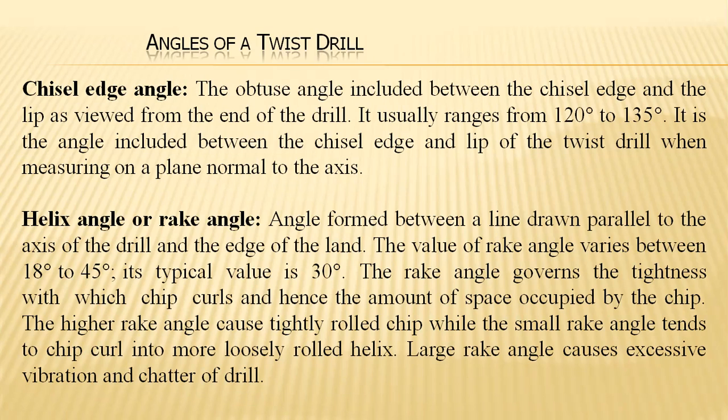Helix angle is nominally the angle formed between a line drawn parallel to the axis of the drill and the edge of the land. Particularly, it varies between 18 to 45 degrees. Nominally, it will be a value of 30 degrees.